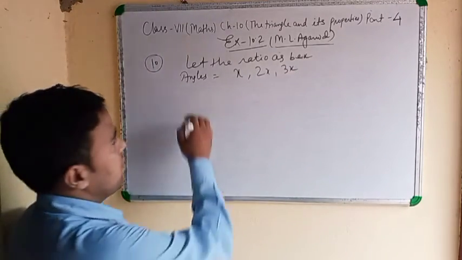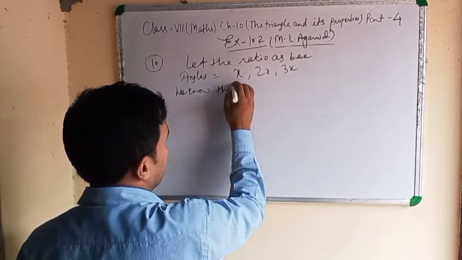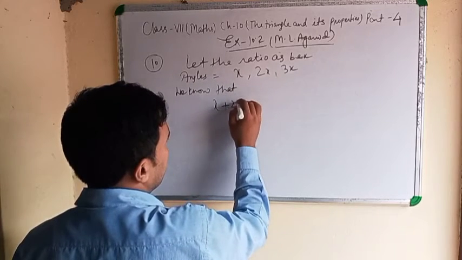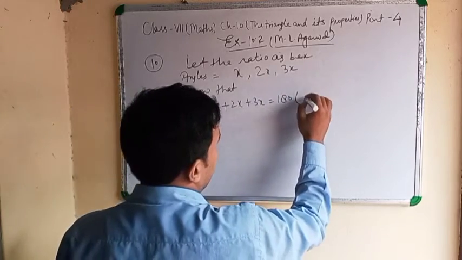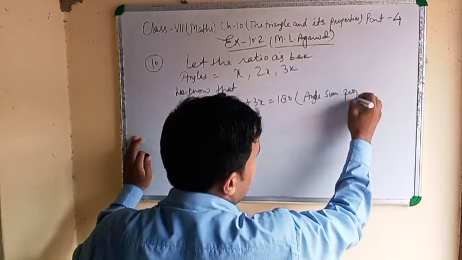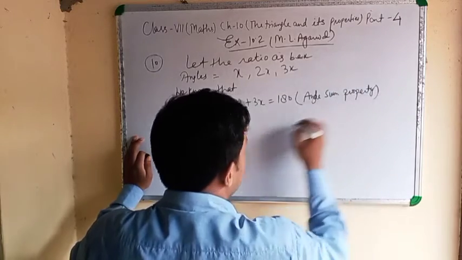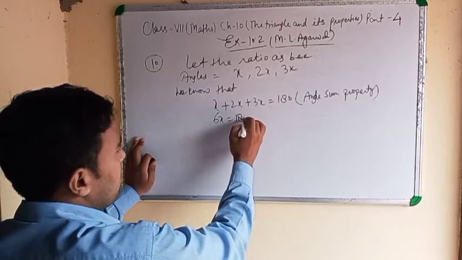We know that x plus 2x plus 3x equals 180 by angle sum property. 3 plus 2 plus 1, 6x equals 180.